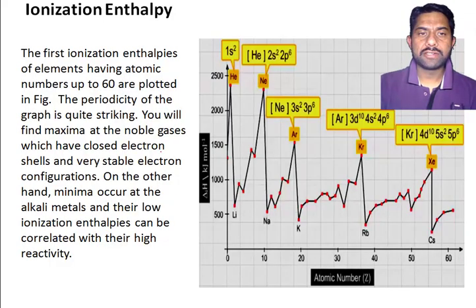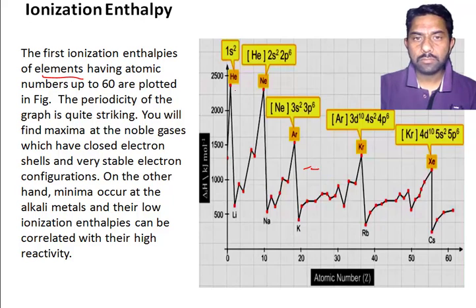Some interesting trends about ionization enthalpies. The first ionization enthalpies of elements having atomic number up to 60 are shown in the graph. And the periodicity of the graph is quite striking. In this graph, it is found that the maximum value of ionization enthalpy is towards the right side of the periodic table, that is towards noble gases.